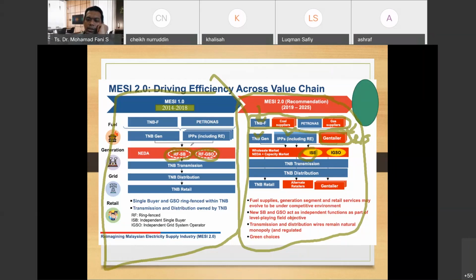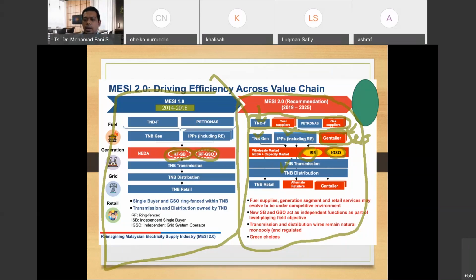Maybe that's the bias in the selection for the generation to get supply in the transmission line. But this time, the independent single buyer and independent grid system operator will be more transparent on the division to make it possible for every single generation, including the gentailer, to supply the electricity on the grid.